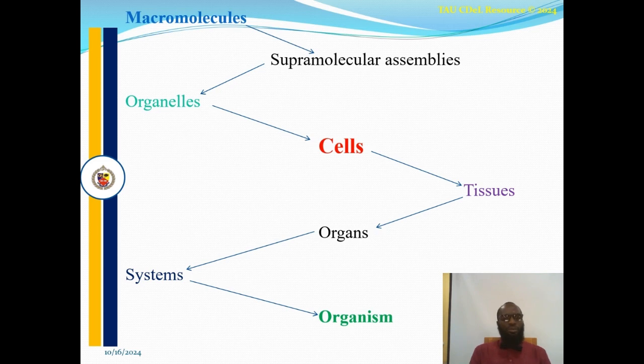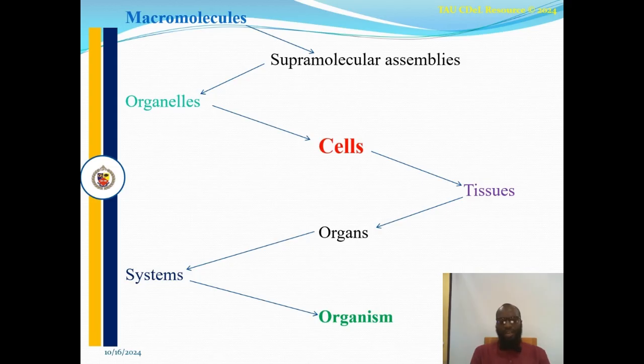Then supramolecular assemblies also come together to form organelles. That is the subcellular organelles, like the mitochondria, nucleus, and other organelles that are found within the cell. Now, organelles come together to form the cell.